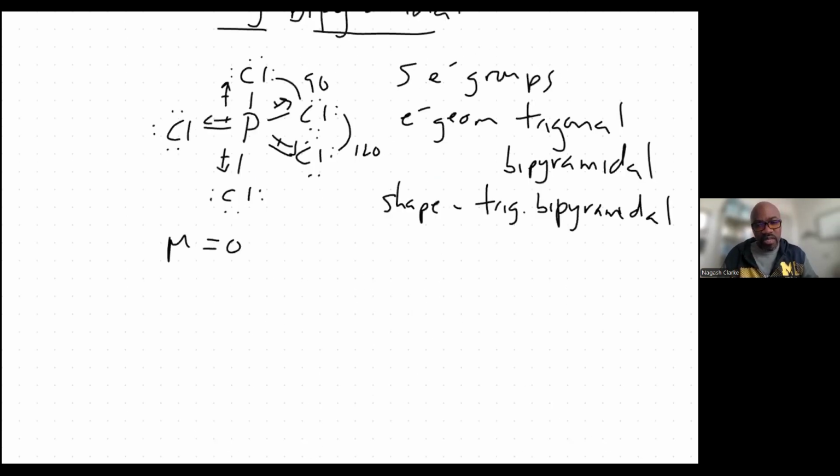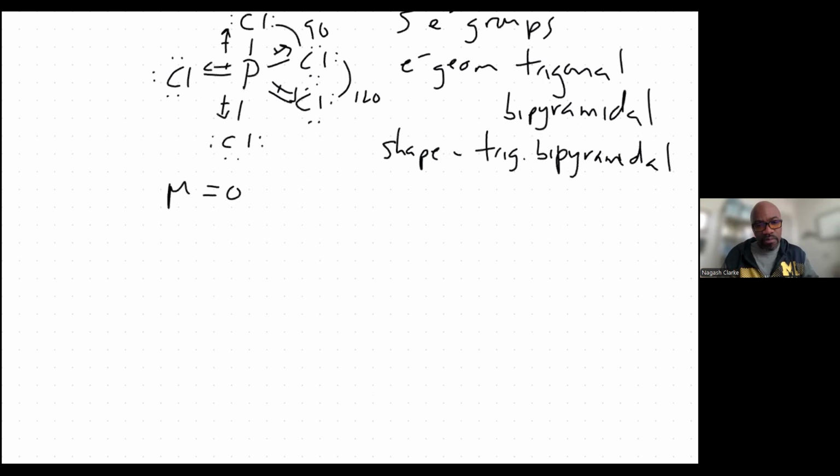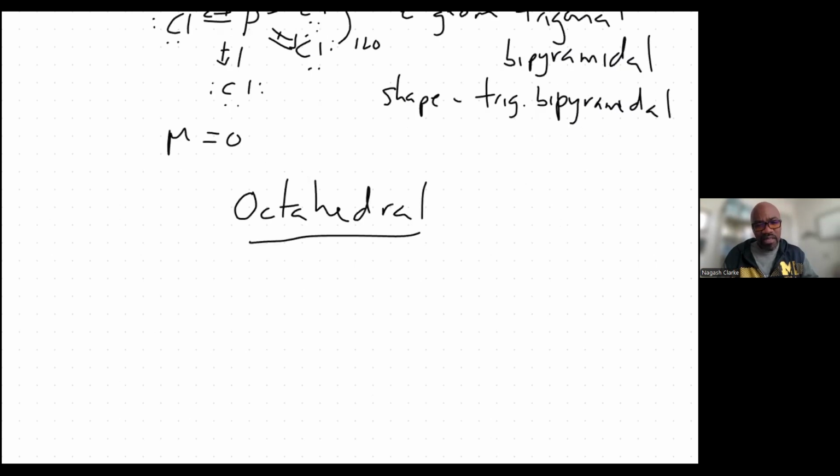And then the last one we look at is octahedral. That's when I have 6 things around the central atom, like SF6.